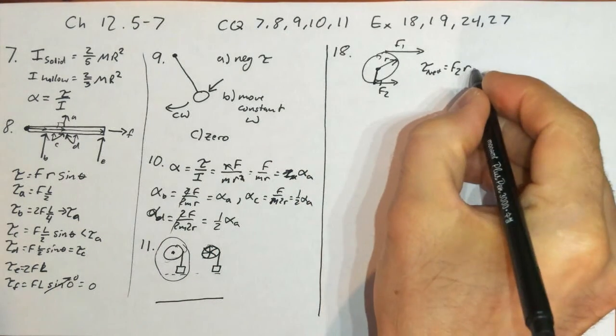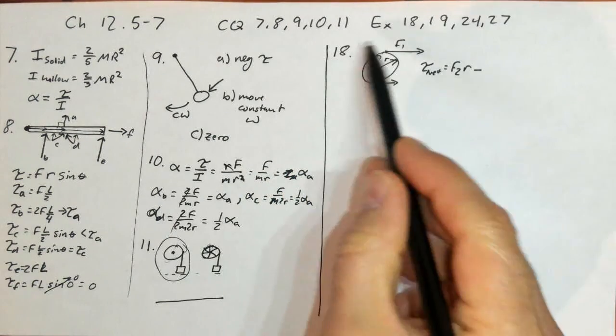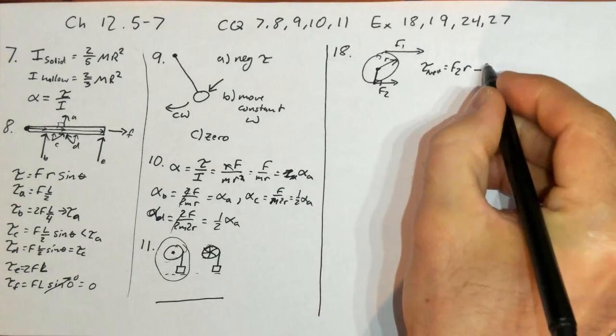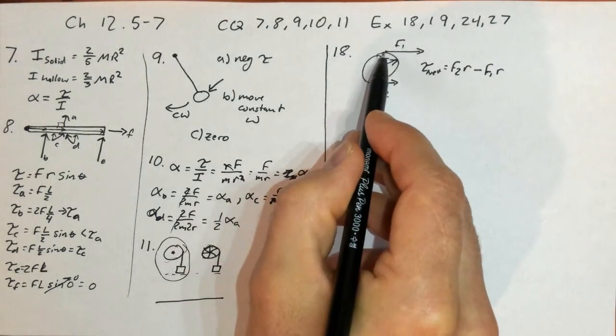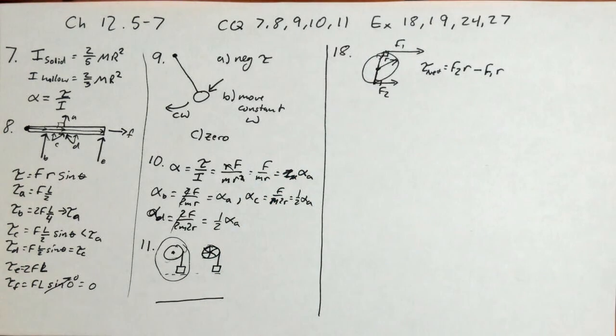Then I have to subtract F1 because if this one's going to cause it to go counterclockwise, which is positive, this one would cause it to go clockwise, which is negative. So it's going to be negative F1 R. It is also perpendicular. If I draw a line from the pivot up to where the force is applied, those are perpendicular.